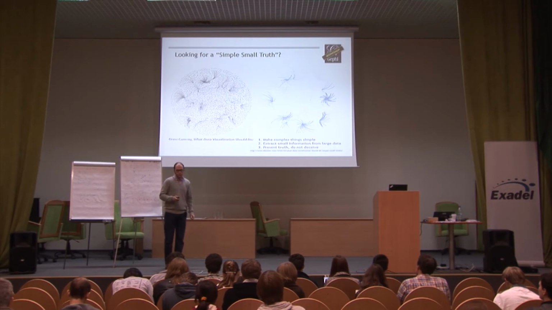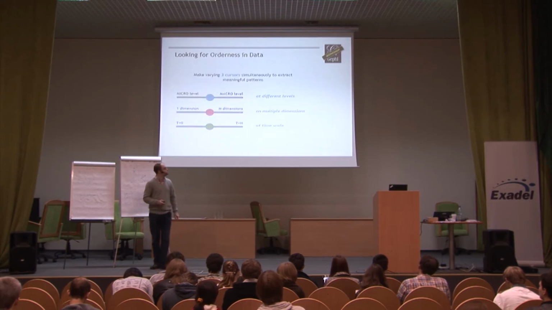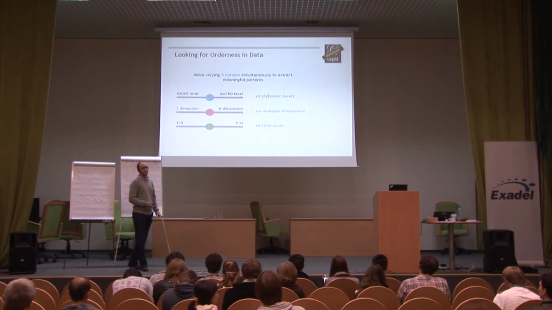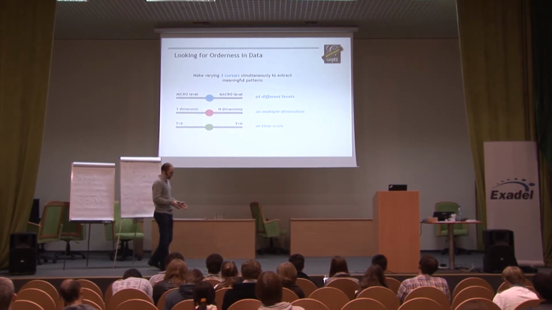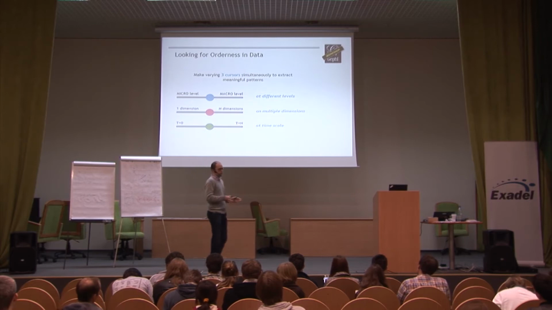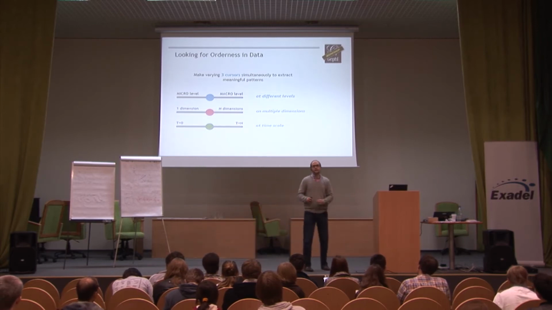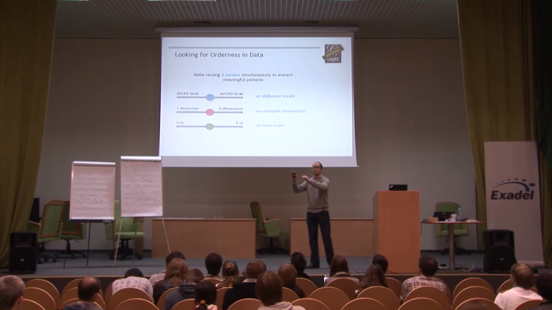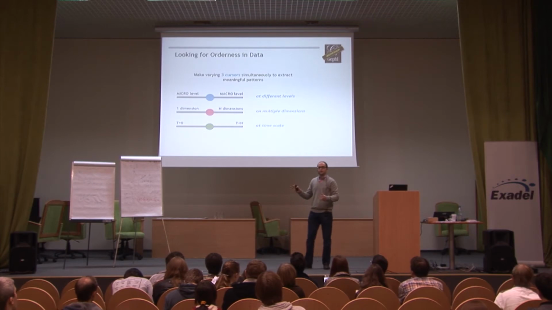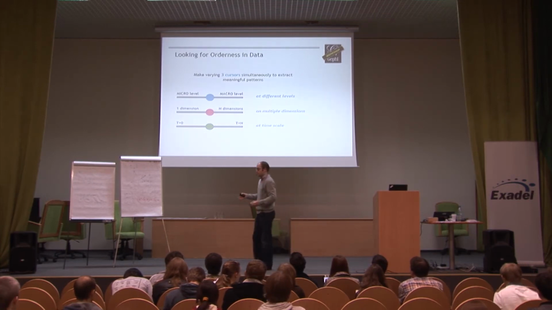So what I prefer to say is that we are looking for some kind of orderness in the data. I mean, complex networks are interesting to study when the structure is not totally obvious, where it is so clear that, okay, there is almost no point to study them.